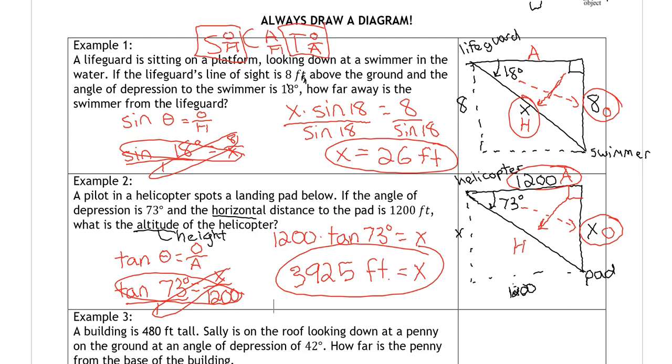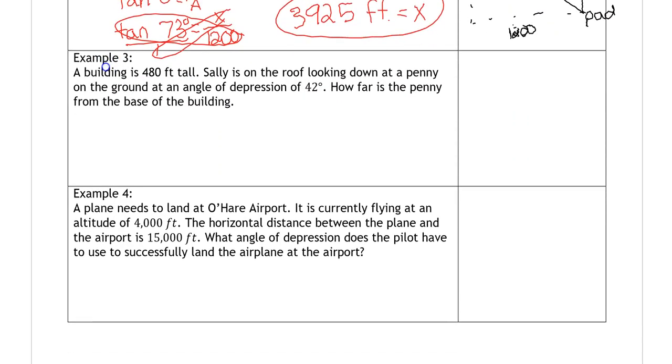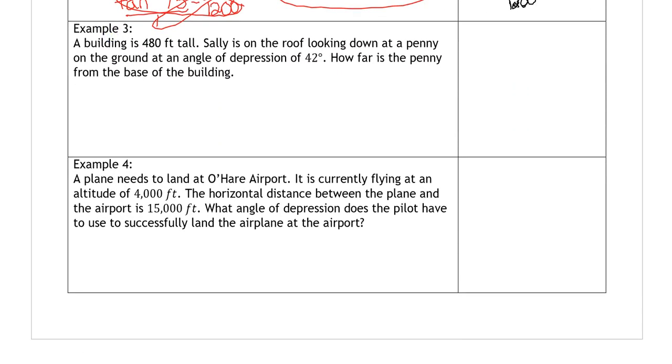All right, looking at our next example. A building is 480 feet tall. Sally's on the roof looking down at a penny on the ground at an angle of depression of 42 degrees. How far is the penny from the base of the building? Okay, so here's Sally. Here's the penny.